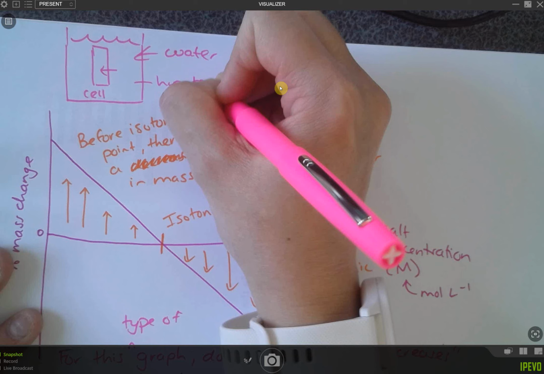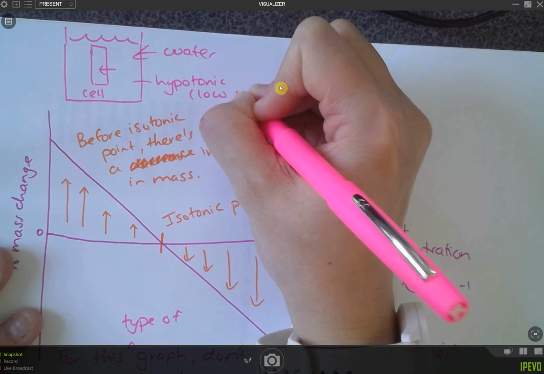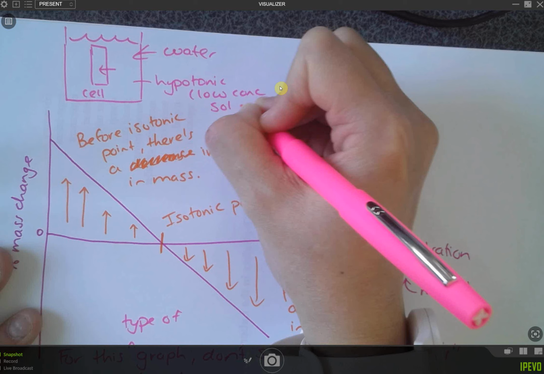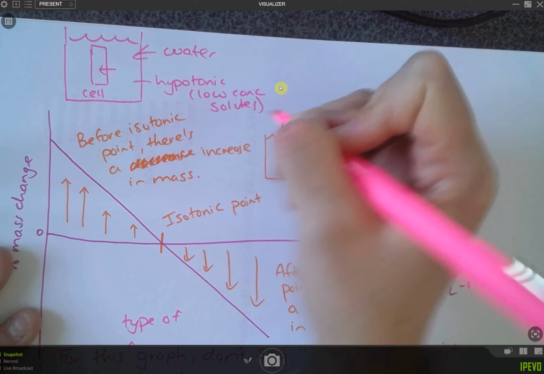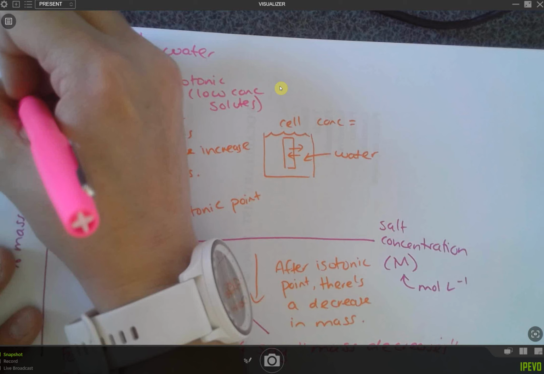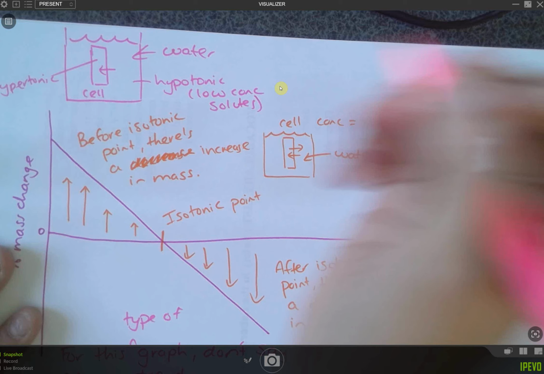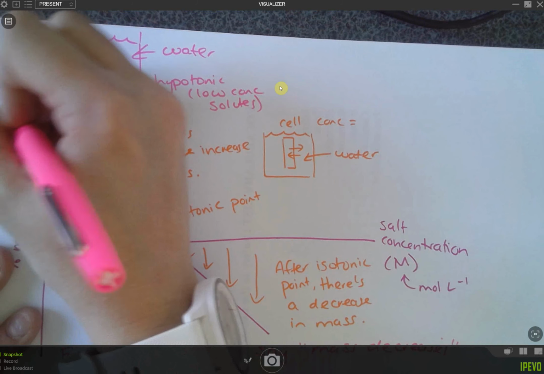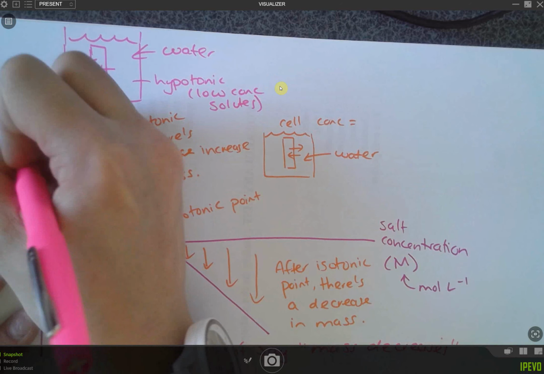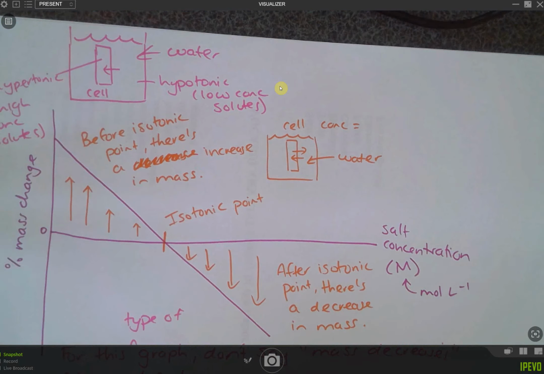So it has a low concentration of solutes, whereas this one is hypertonic, which has a high concentration of solutes. So remember, with osmosis, the water is going to go down the concentration gradient.